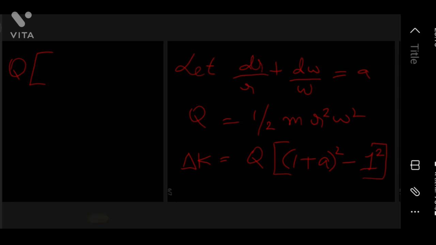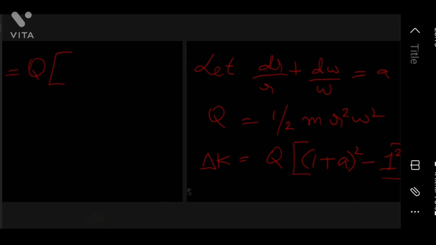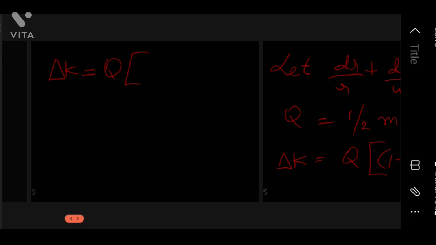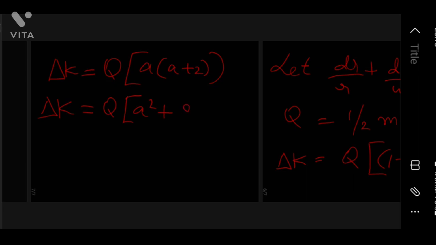Using the a square minus b square format, that is q times (1 plus a minus 1)(1 plus a plus 1), so a into (a plus 2). Delta K is equal to q times (a square plus 2a).